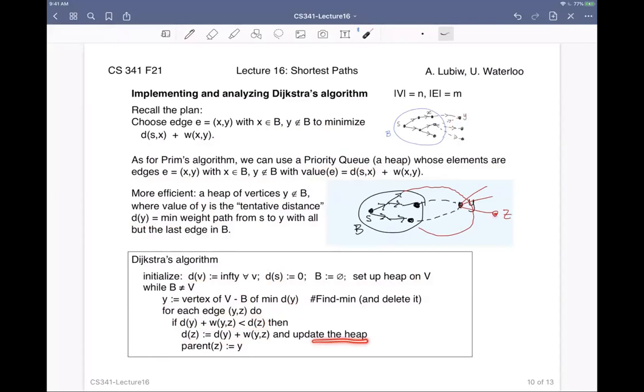So the key value of vertex Z has decreased. And then I set the parent of Z to be equal to Y. And that's so that I can trace back with my shortest path. By the way, note that when I added this vertex into B, which I should have added in here, I should have one more line in here that says add Y to B.